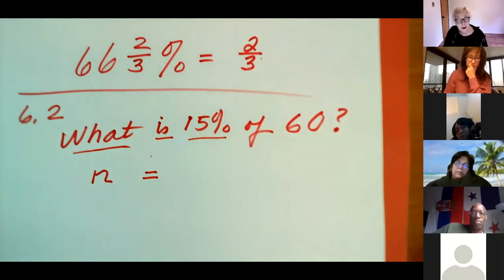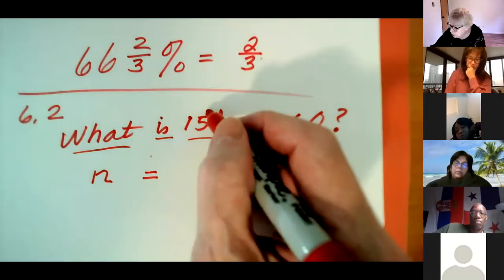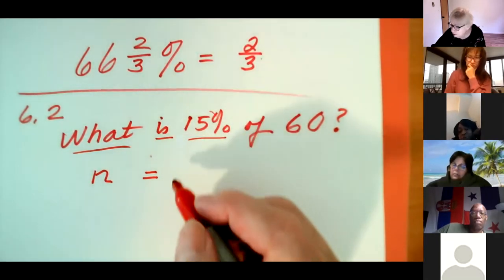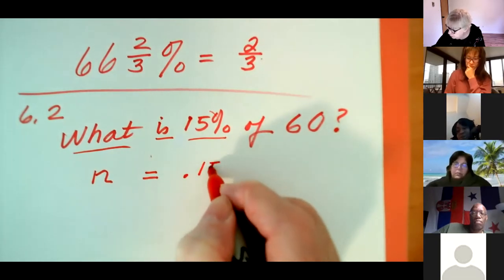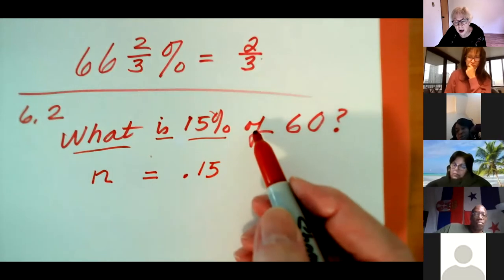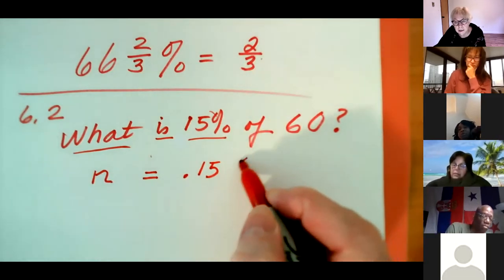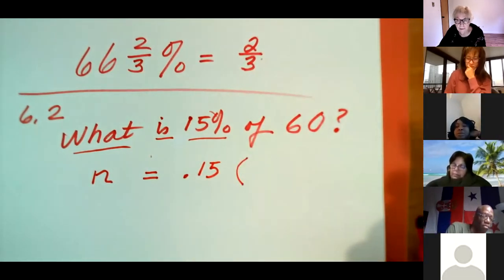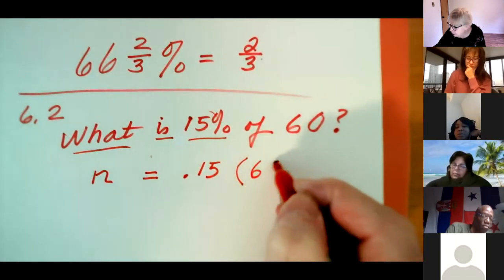Now, if you're happier with decimals, we could easily make this a decimal. The percent would come off, we'd move it back, and it would be 0.15. The word of translates into multiply. And 60 is 60 no matter how you shake it.